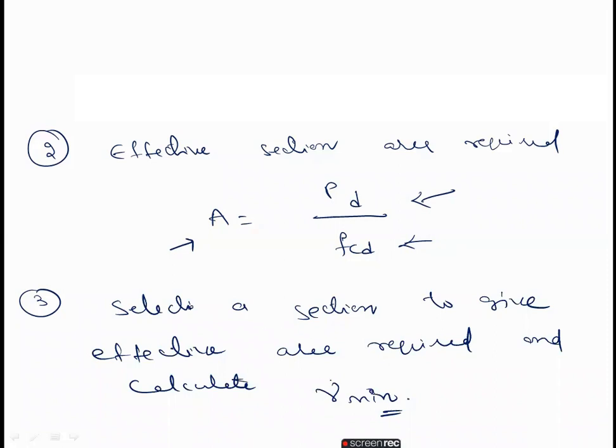So the third step is, based on the area, we select a section to give the effective area required, and also calculate the r minimum value. This is not gamma, this is r. The section we will select from the steel tables. This is the third step.